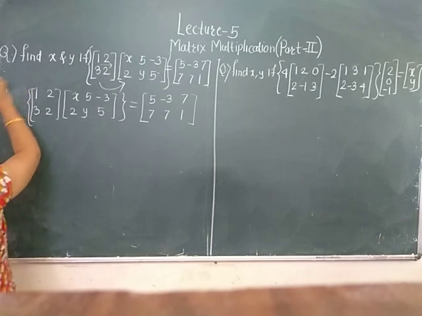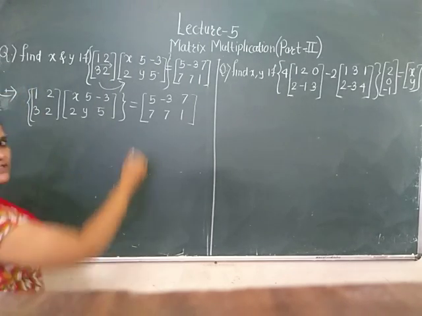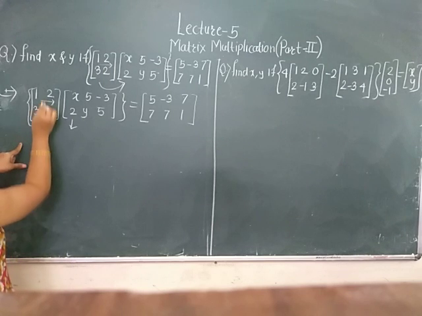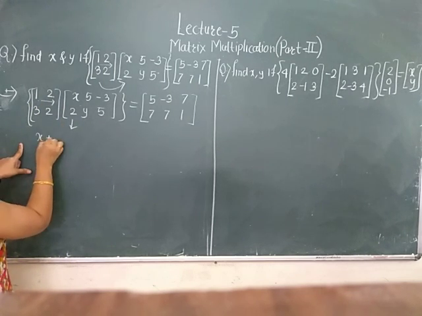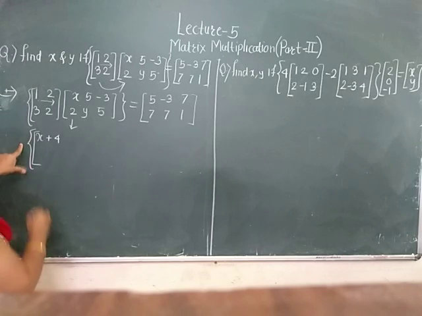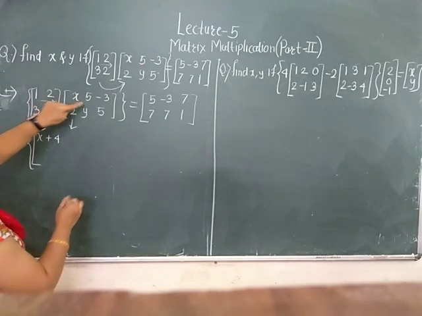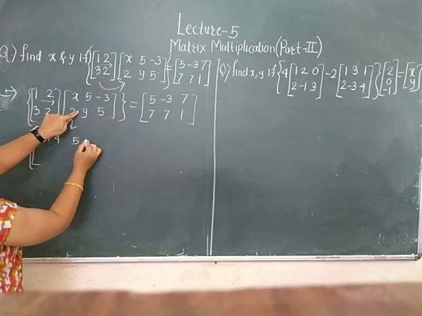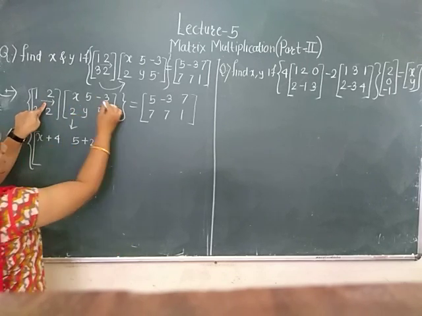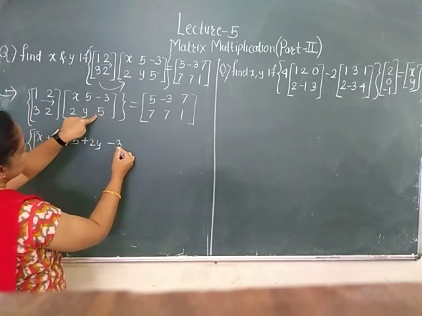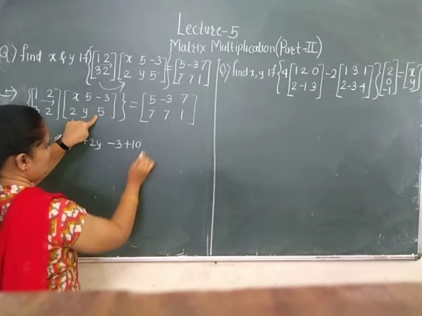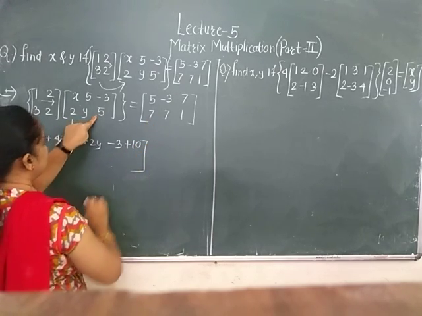So we have to take the whole equation here. First row multiplied by first column: 1 into x is x, 2 into 2 is 4. Then first row, second column: 1 into 5 is 5, 2 into y is 2y. Then first row, third column: 1 into minus 3 is minus 3, 2 into 5 is 10. Matrix completed.